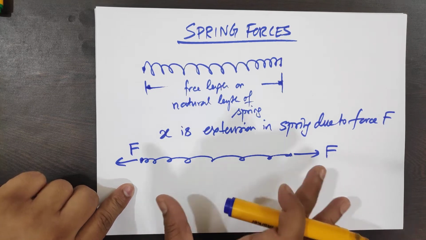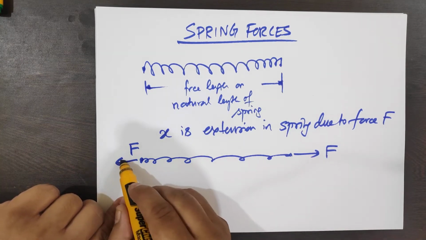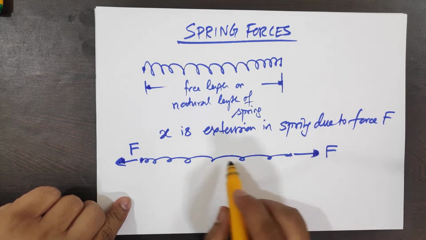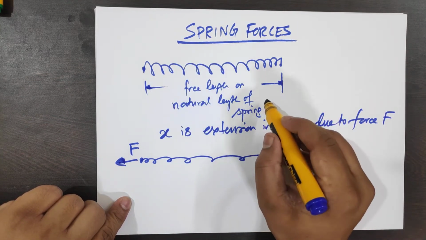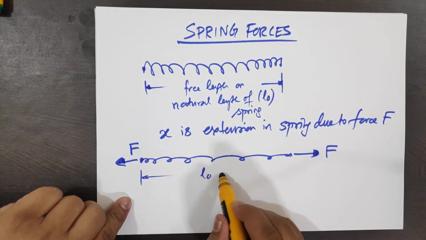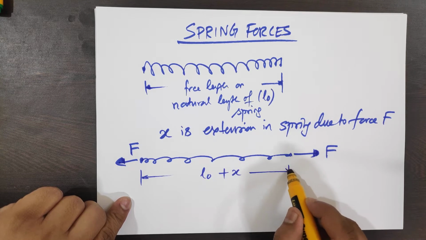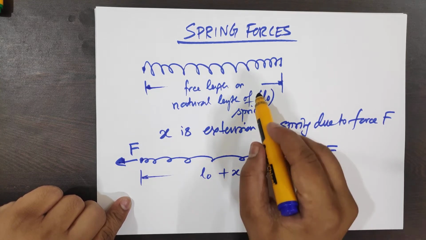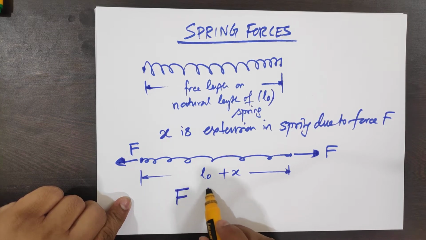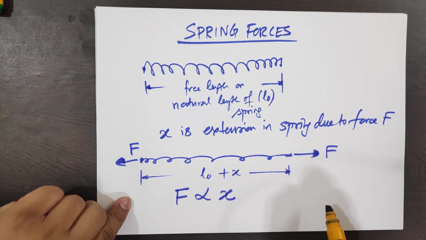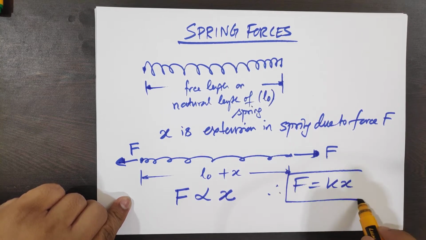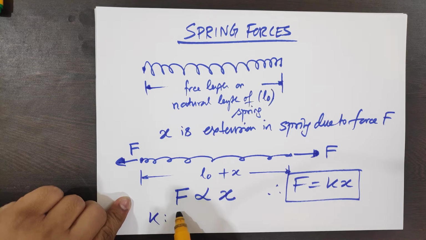It doesn't mean that it is 2F, it's still F. If L0 is the natural length, the extended length is L0 plus x. So F happens to be proportional to x. Therefore F is equal to Kx. This K is known as the force constant of the spring.